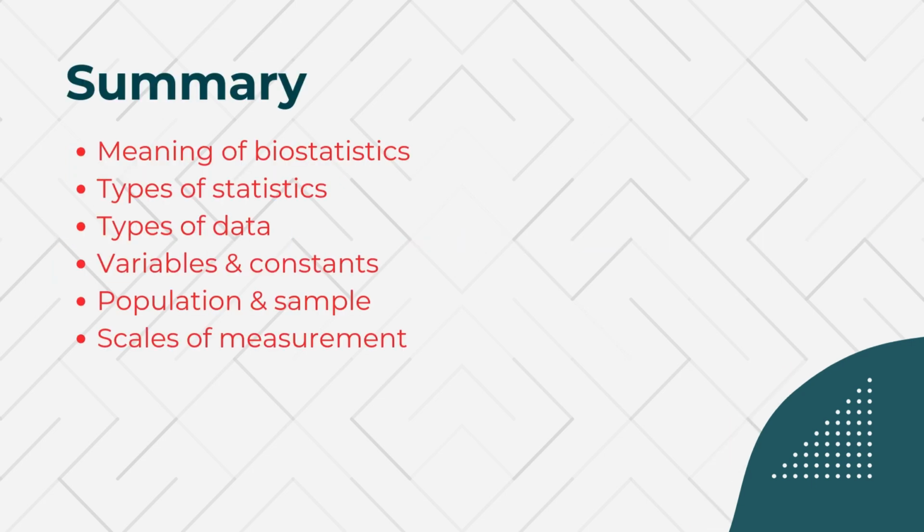So now we just summarize what we've gone through. We talked about the meaning of biostatistics, that it deals with handling data as it relates to living organisms and healthcare. The types of statistics: descriptive, which is just presenting the data, and inferential, which deals with drawing conclusions. We talked about the types of data, qualitative and quantitative, and also the variables and the constants.